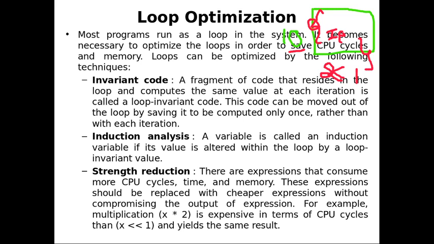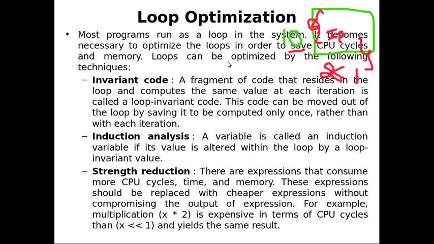The reason is that with the help of optimization we reduce a large number of clock pulses. In other words, we execute our program much faster. So that's why loop optimization becomes necessary for code optimization.